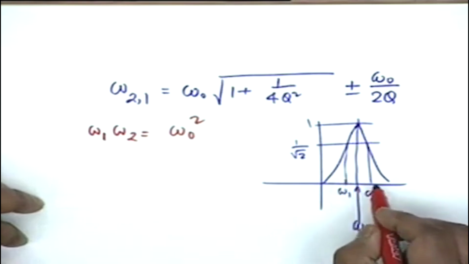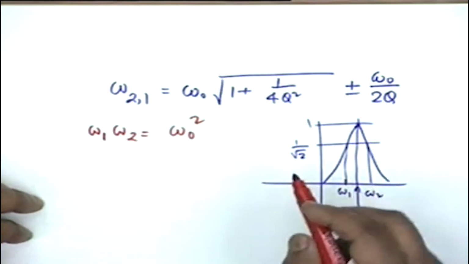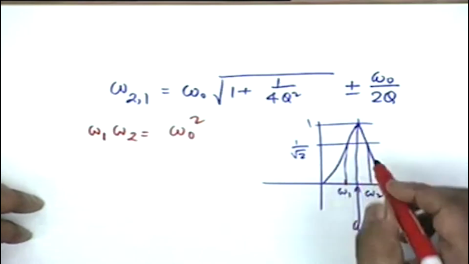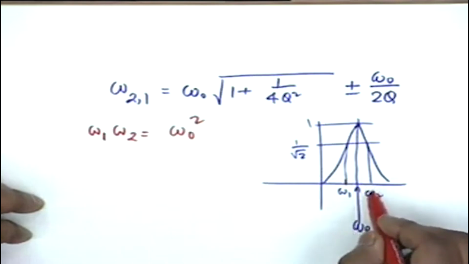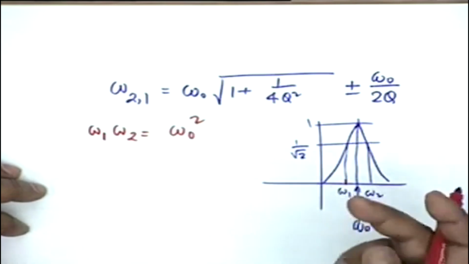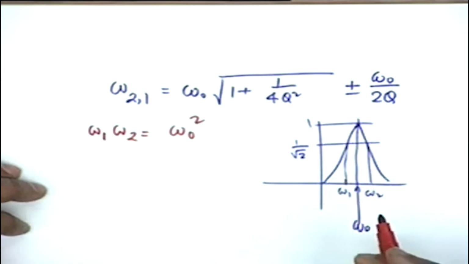It means that omega 1 and omega 2 have geometric symmetry with respect to omega naught. Isn't that right? If omega 2 is 10 times omega naught, then omega 1 shall be 1/10 of omega naught. This is called geometric symmetry, and therefore this curve shall also be geometrically symmetrical.